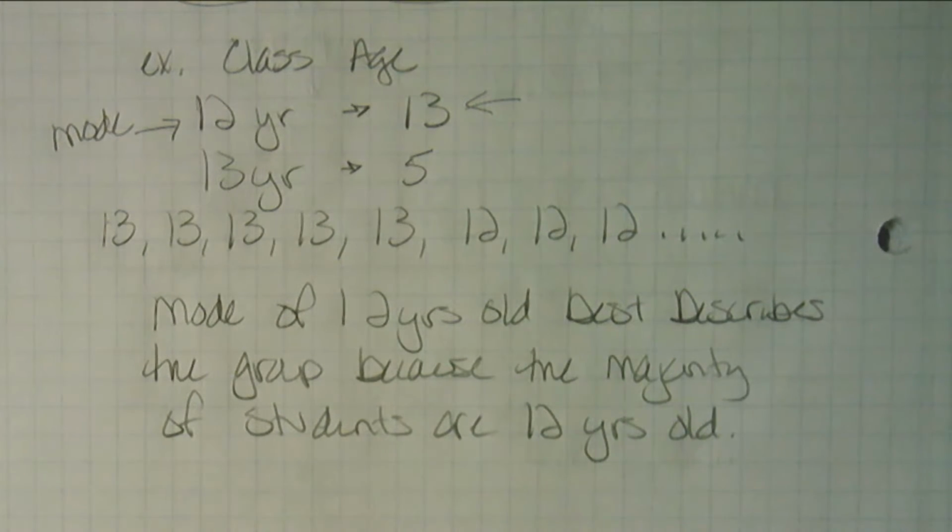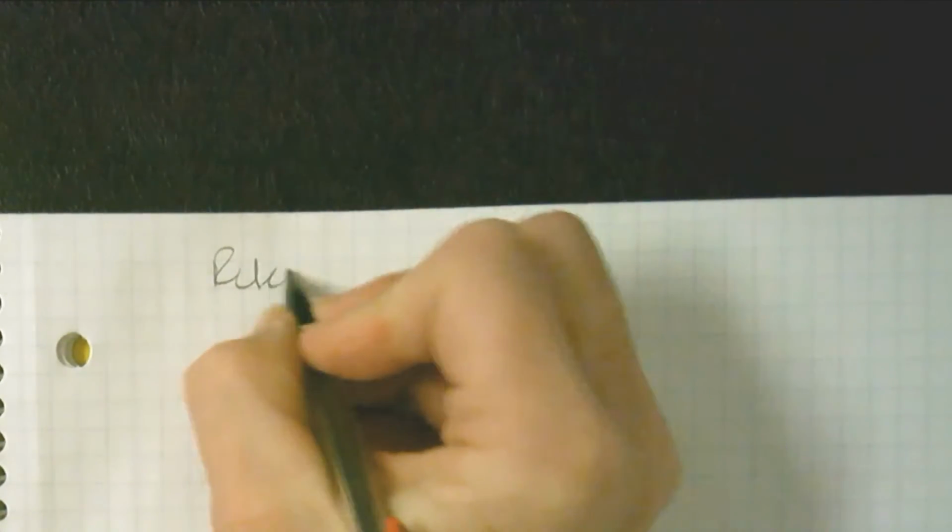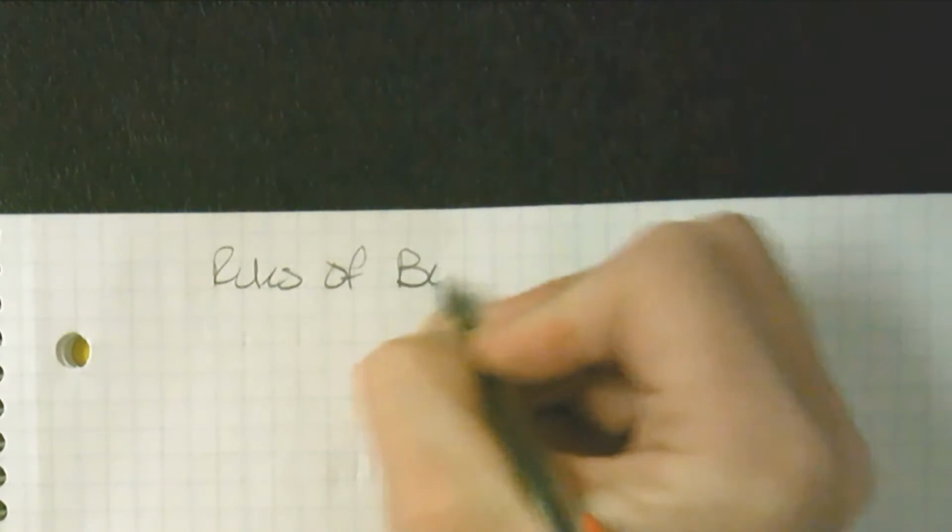All right, so what I want to do is, you're going to be deciding which of the 3 are your best describers, and I'm going to give you the rules. So let's say the rules of best describer.